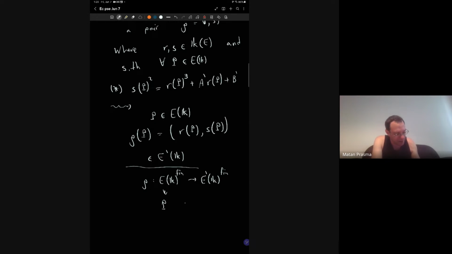So if I want a map rho that for any finite point P gives a finite point rho of P, then rho of P must have two coordinates.